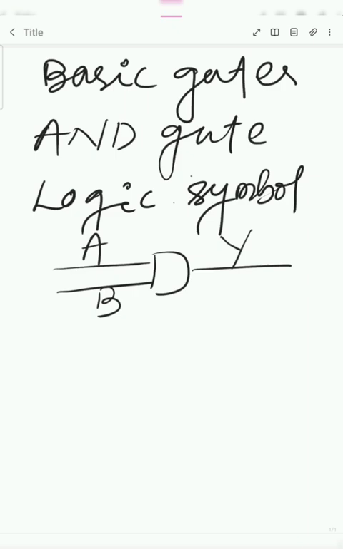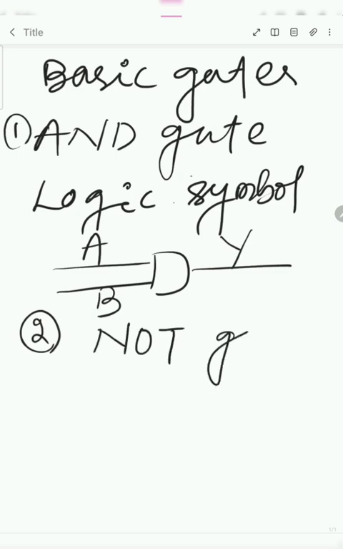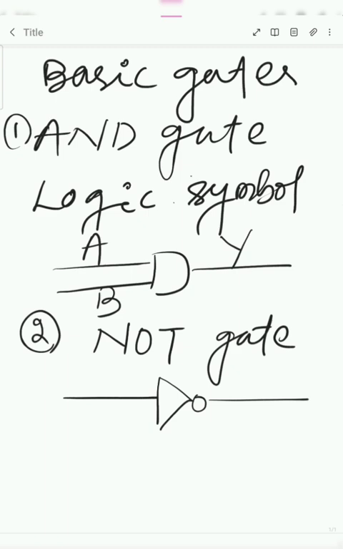Similarly, we have the logic symbol of the NOT gate, the second basic gate. This is the logic symbol of the NOT gate. For the NOT gate, there is only one input and one output.